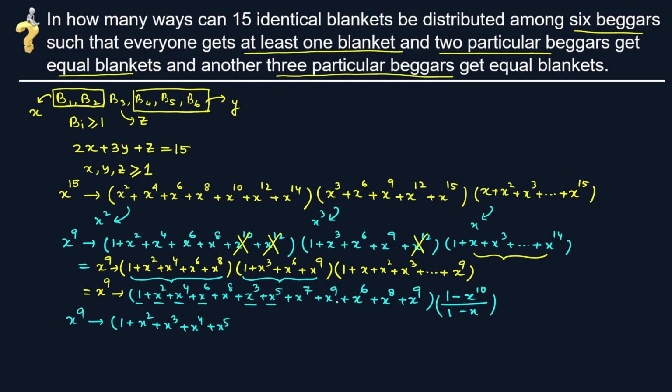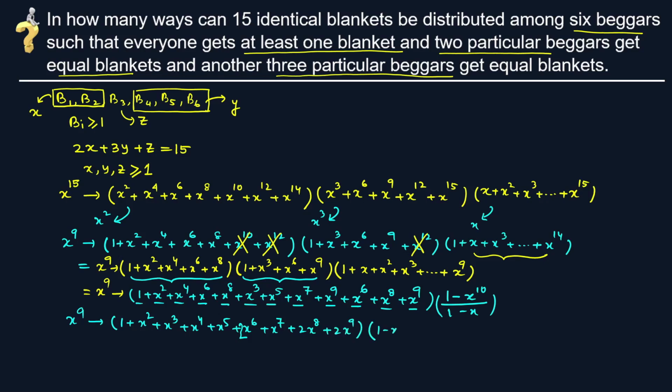X to the power 6 we are having two terms. X to the power 7 we are having one term. Two terms, so it will be 2. X to the power 8 we are having again two terms. And we are having x to the power 9 two terms, right?